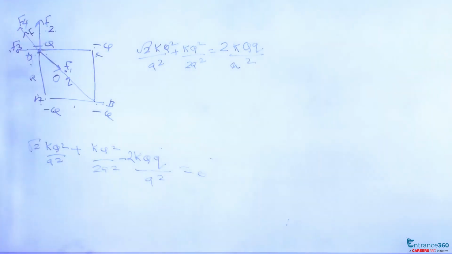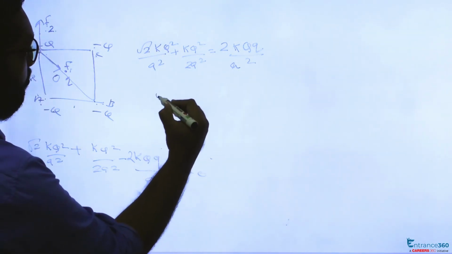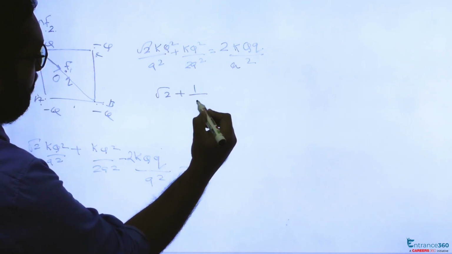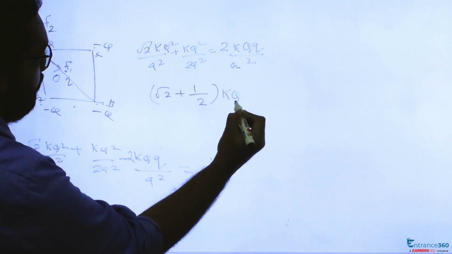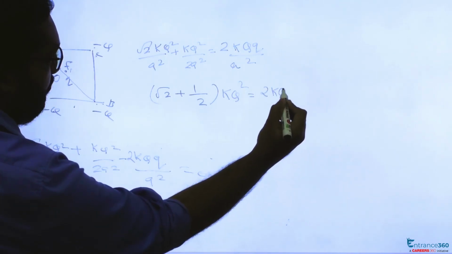So all A square will get cancelled. The remaining term will be root 2 plus 1 by 2 into K Q square equals 2 times K into Q q.